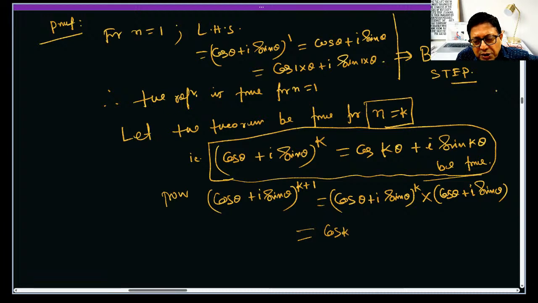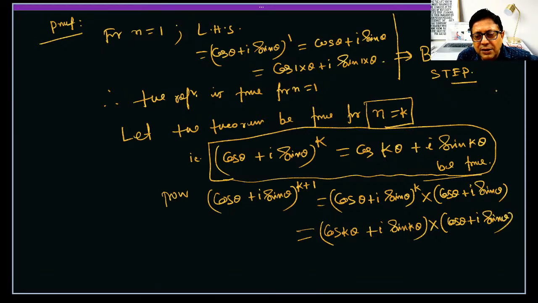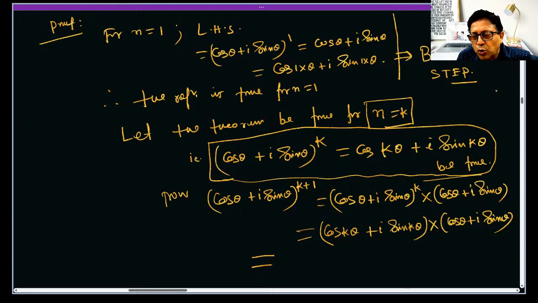So this is going to be cos k theta plus i sin k theta, multiplied by cos theta plus i sin theta. Just open the bracket.